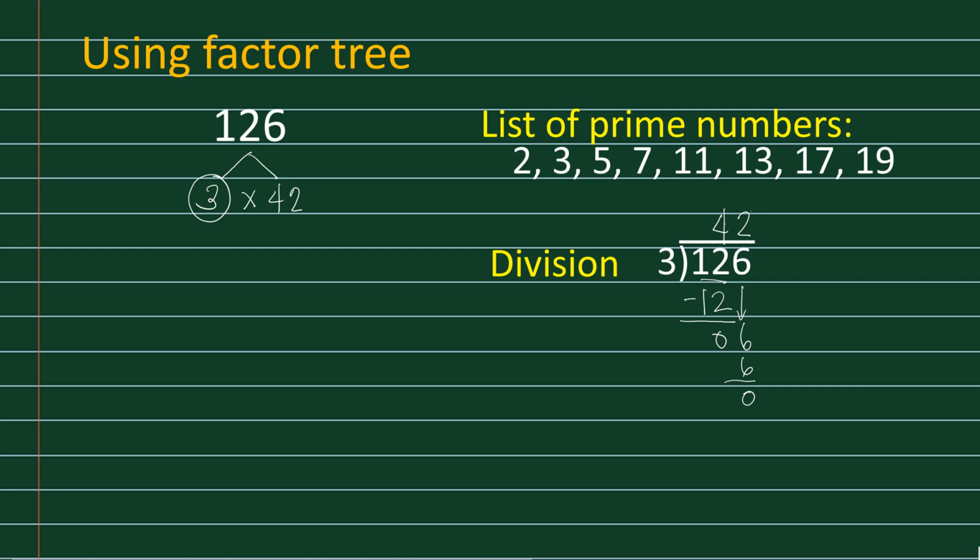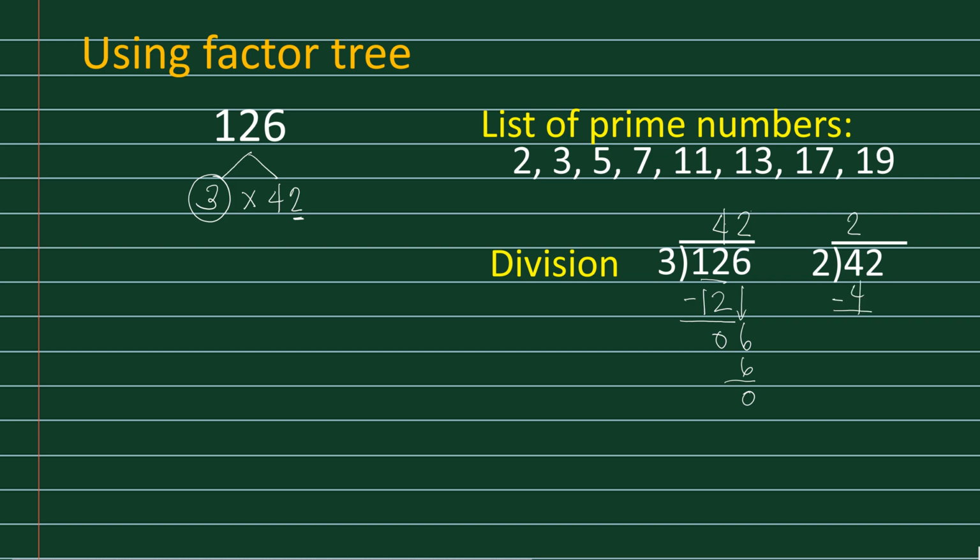Next, let's find out what our factor for 42 is. Since this 42 ends with 2, that means this is divisible by 2. Let's divide now 42 by 2. 4 divided by 2, that is 2. 2 times 2 is 4.